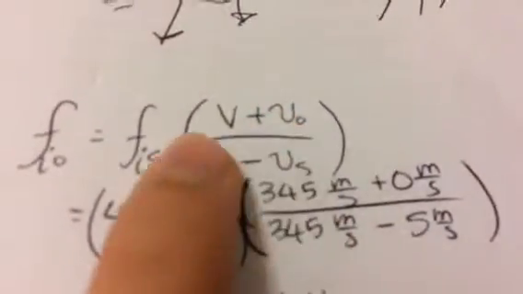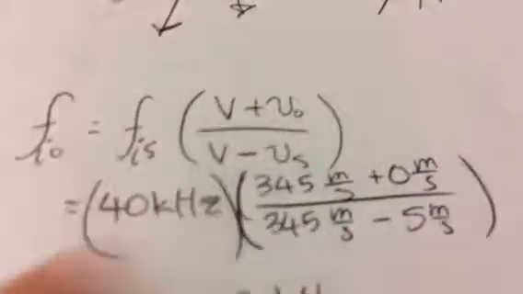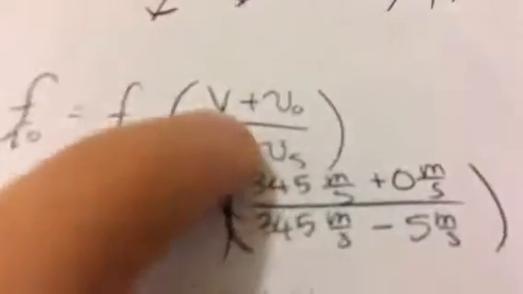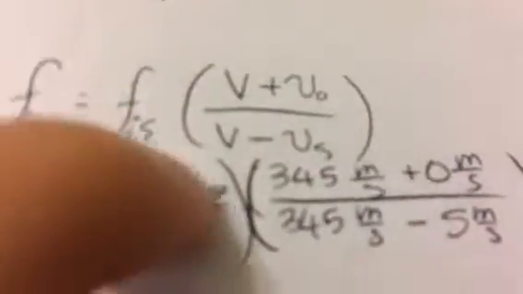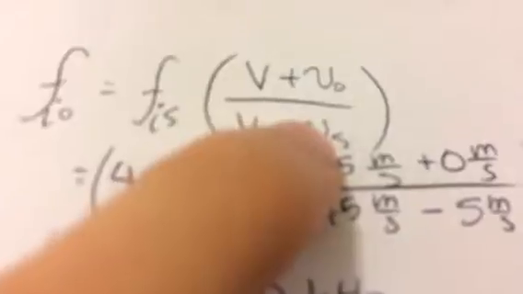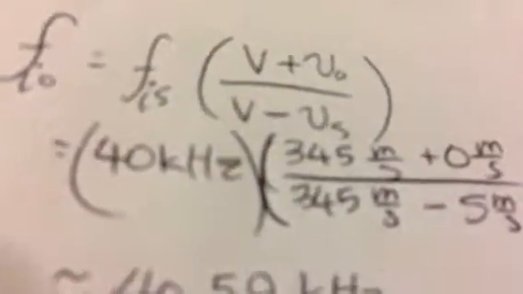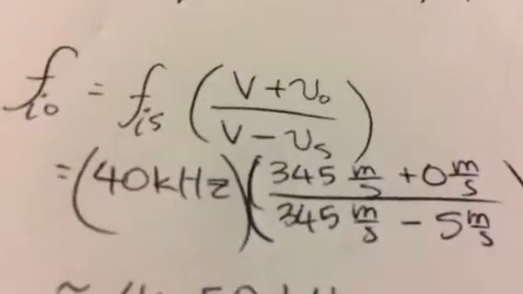I just differentiated that to make it seem, they're both velocities, but different. So the velocity of sound plus the velocity of the observer divided by the velocity of sound minus the velocity of the source. So we're going to say at first that the bat is the source.